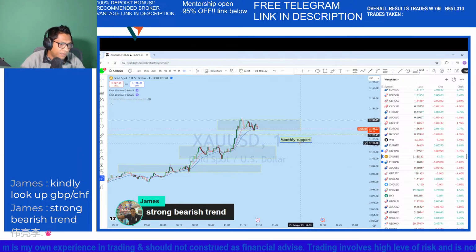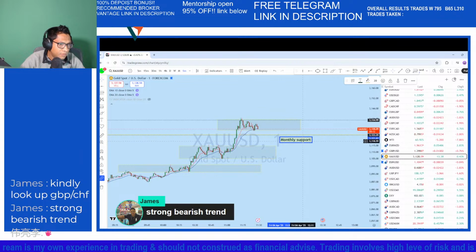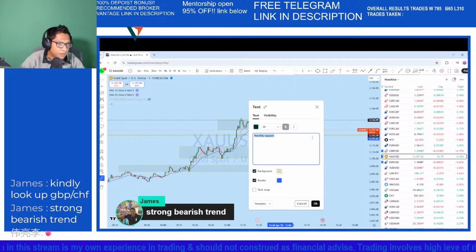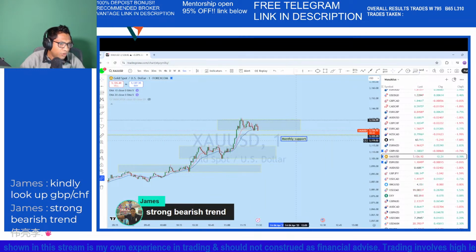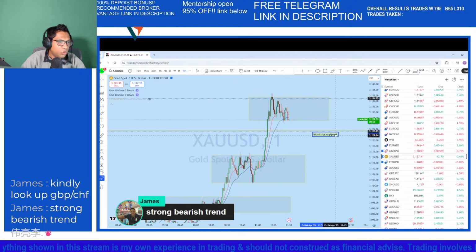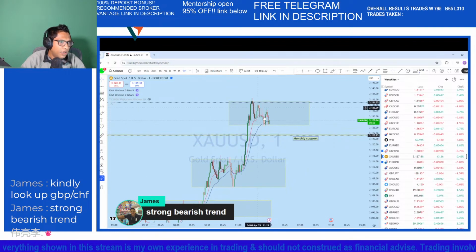Okay, so this is the monthly support. If we look at here, which is the monthly support, and that's where you can see a structure formation.